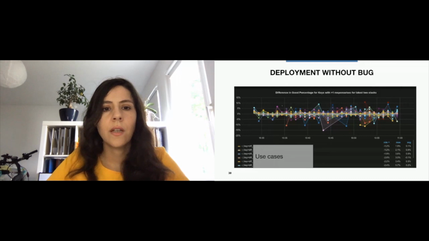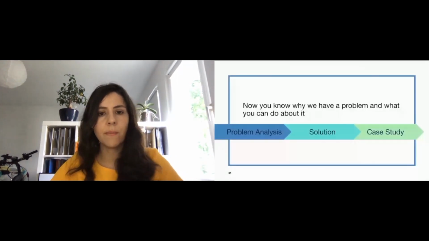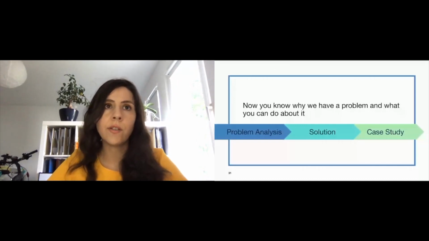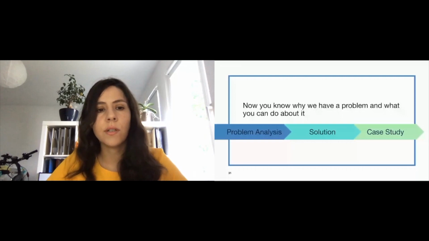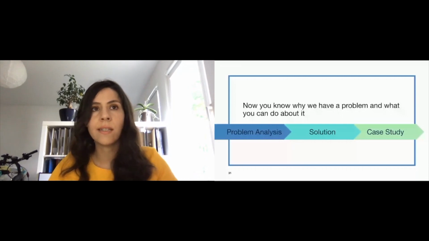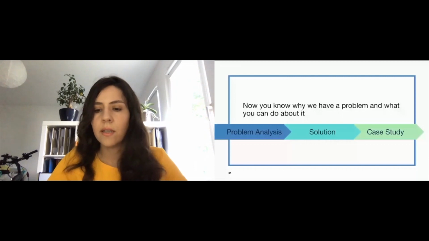Okay, so now I showed you that we do have sometimes quite severe problems that are impossible to detect with normal monitoring, and you can add quality metrics to detect this issue. I showed you the problem, one possible solution, and a case study of how I verified the solution in a really big company.